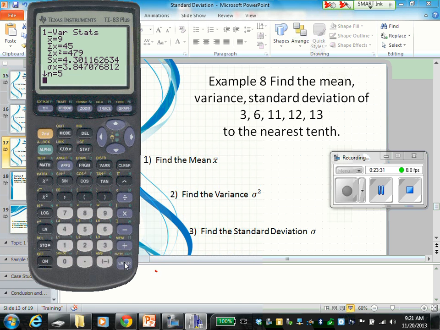It's a summation symbol, and you'll learn that in Algebra 2.